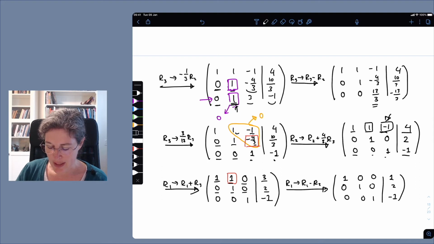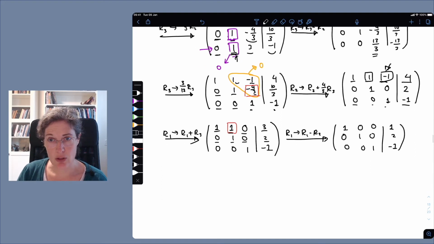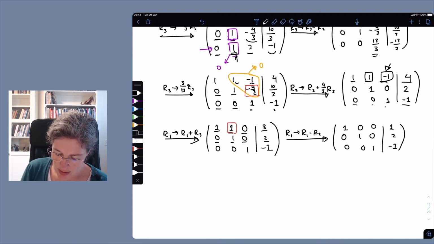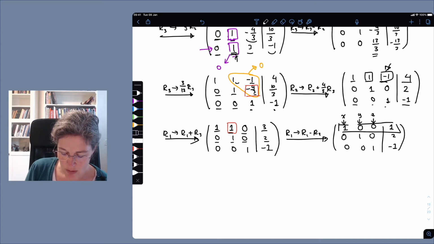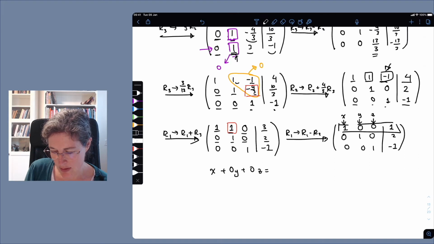And so finally, we can read off our solution, which is that, so this, remember, is our x column, this is our y column, and this is our z column. And this row over here is really the equation which says x plus 0y plus 0z is equal to 1.